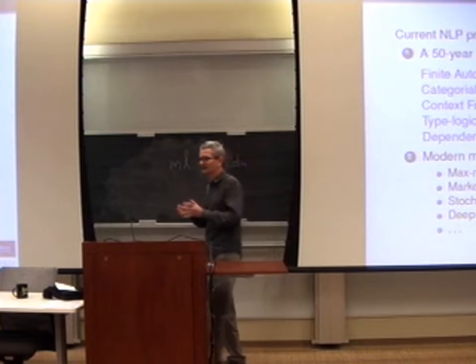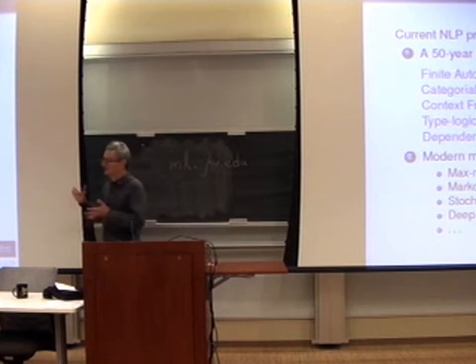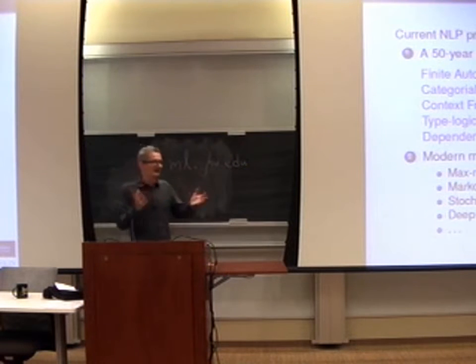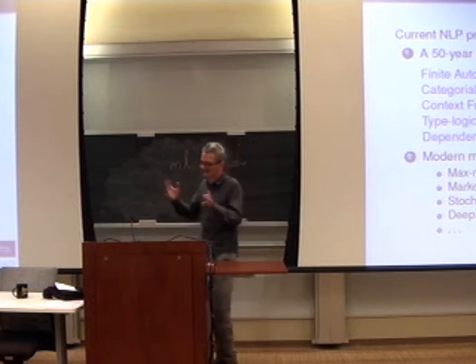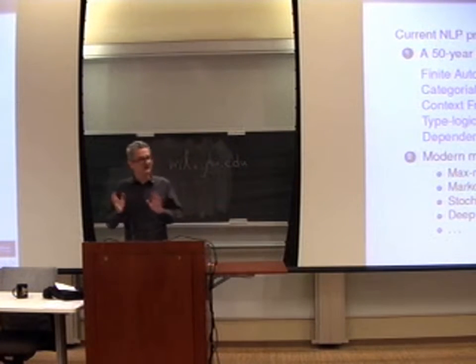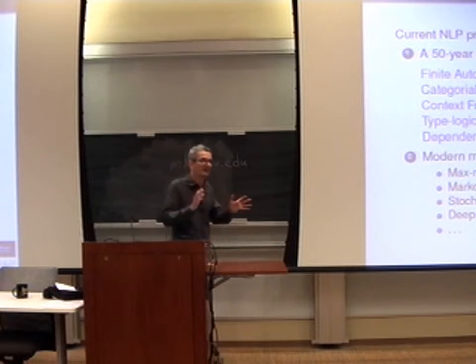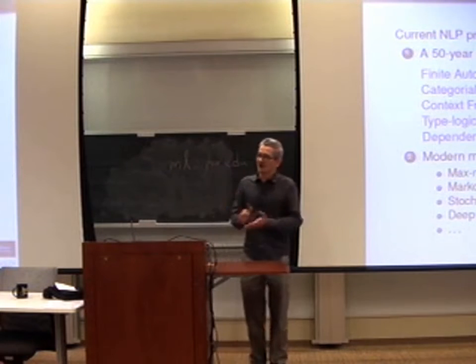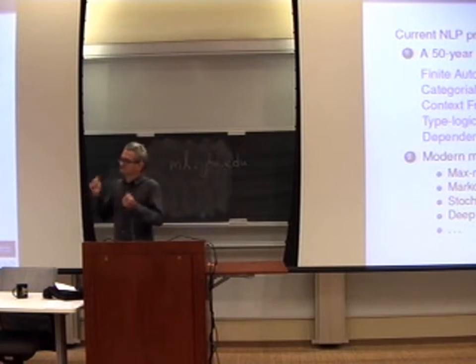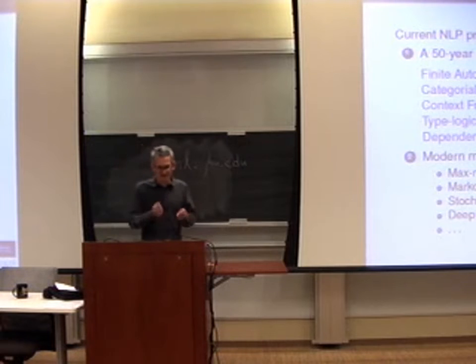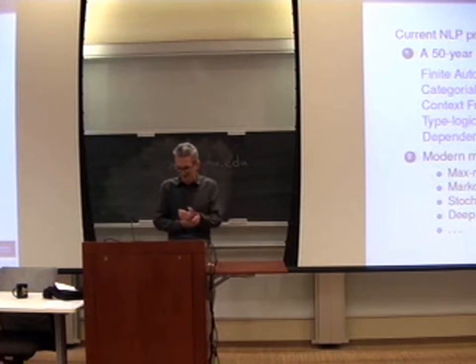These representations are then combined with contemporary machine learning techniques, such as max margin approaches, deep belief networks, whatever the current set of techniques is that people are using. These two ingredients are then combined to produce an NLP system.